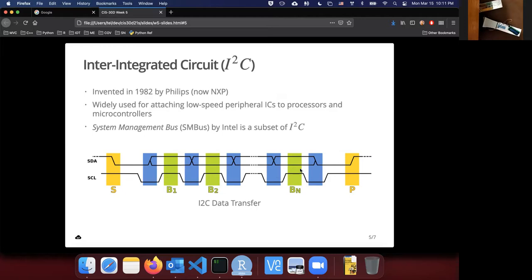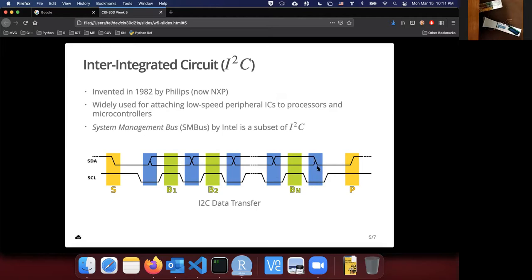Now, after we send n bits, there's one last pulse for the clock. The clock goes down to low voltage, to 0, and the data line also pulls down to 0.